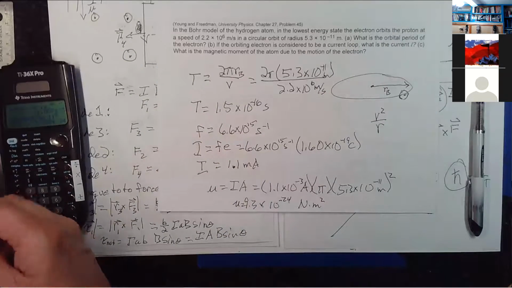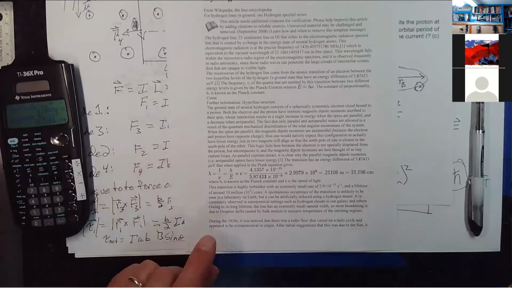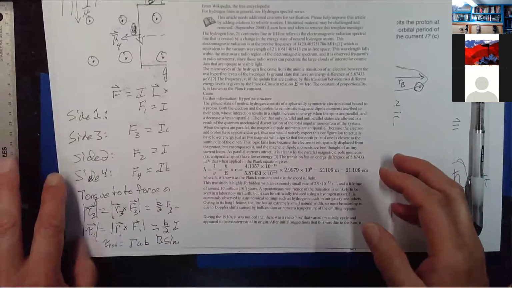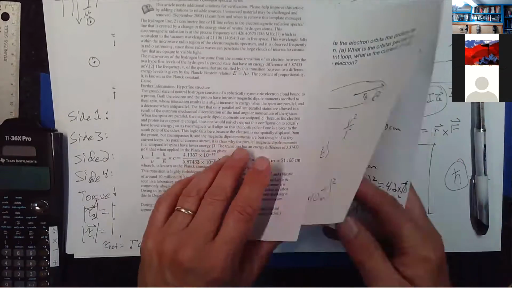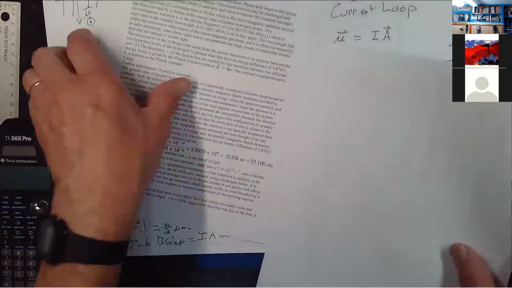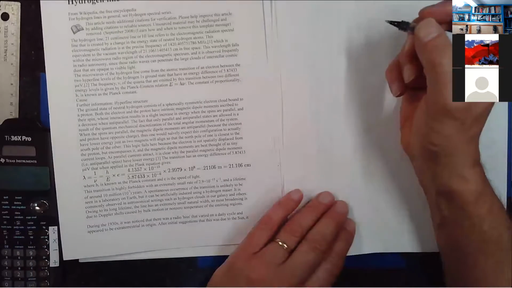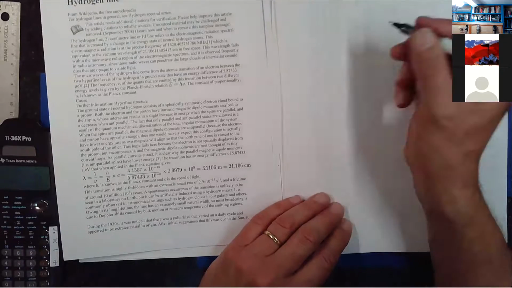Here's a little section I got out of Wikipedia, and it's about something called the hydrogen line. And in the hydrogen atom, it turns out that from the electron's viewpoint, if you think about it, it has a proton going around it.